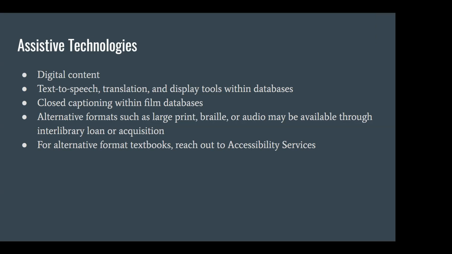That's something Donna is going to be covering tomorrow in her presentation, selecting textbooks and course materials as well. But anytime there isn't something that's accessible, we work with the publishers, as long as the student buys a copy, to get that additional accessible copy of a textbook. So ideally the textbook is accessible straight out of the box, but if it's not, that's something our office will take over.